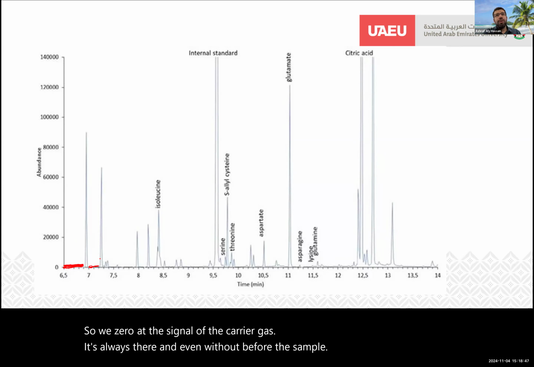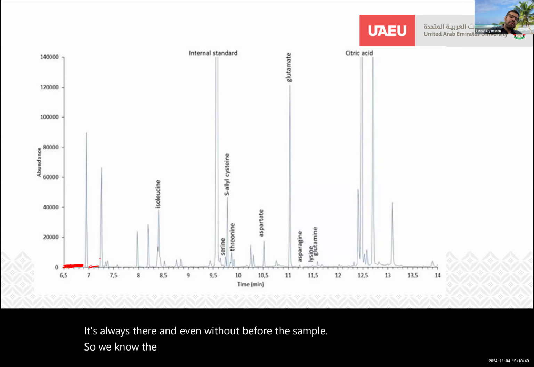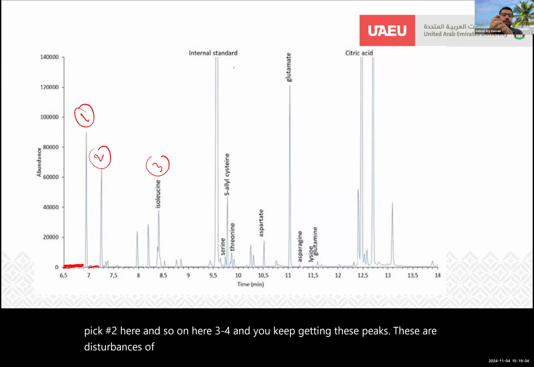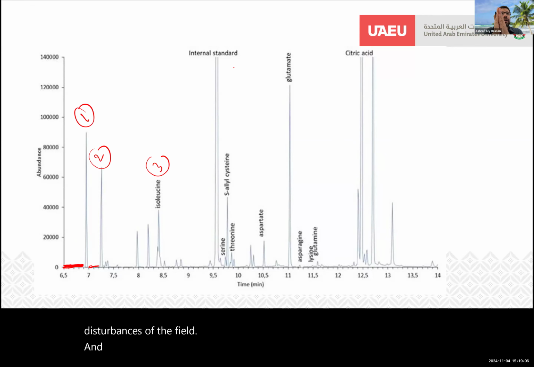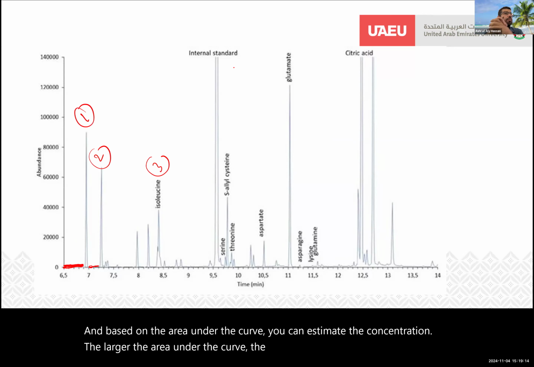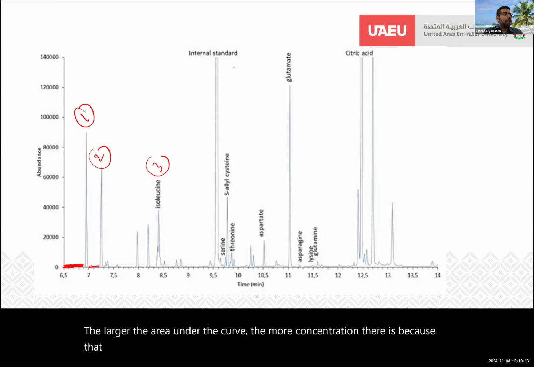So we know the baseline, and then you get these peaks, like peak number 1 here, peak number 2 here, and so on. Here, 3, 4, and you keep getting these peaks. These are disturbances of the field. And based on the area under the curve, you can estimate the concentration. The larger the area under the curve, the more concentration there is, because that means there is more disturbance.